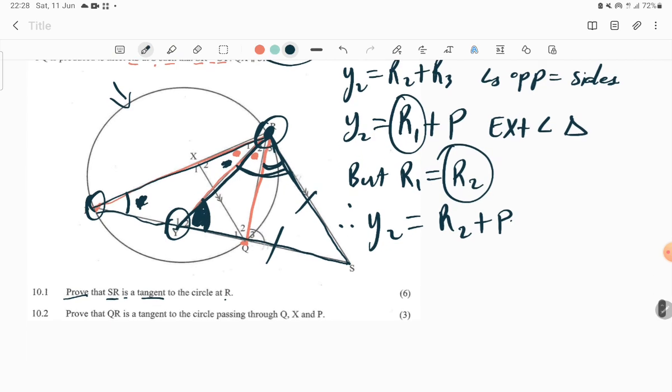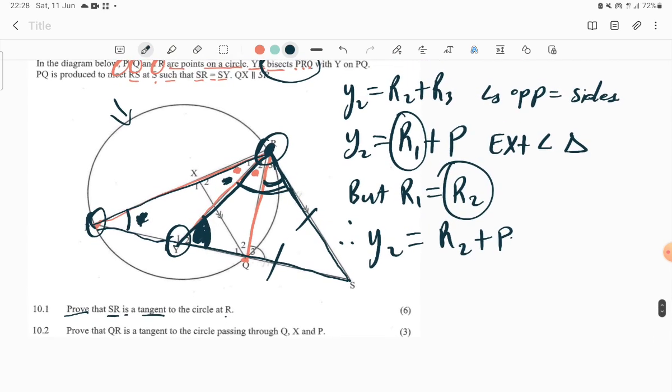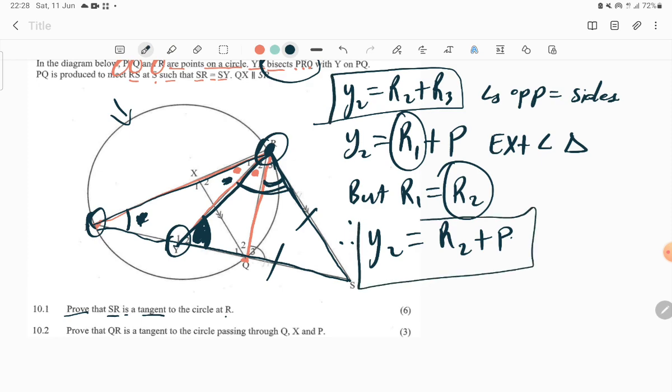We know this is Y2 and this one is also Y2, which means these expressions are equal to each other.